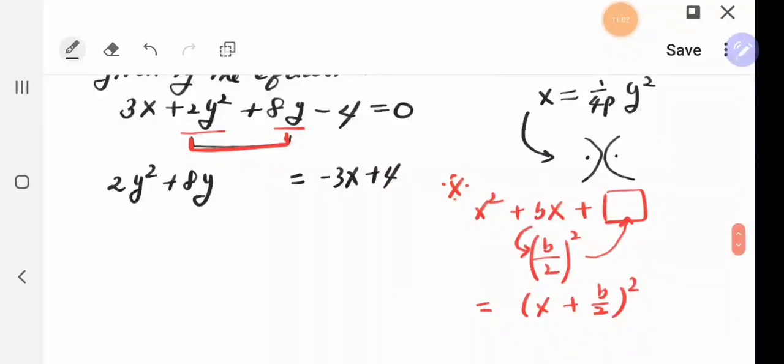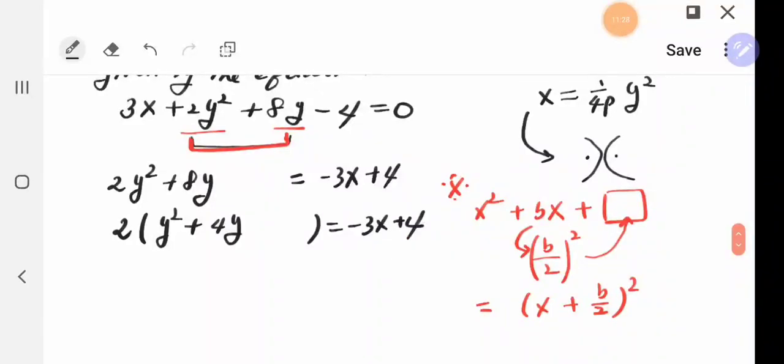What we need is the square of a binomial for the variable y. From this, you can factor out 2, then y squared plus 4y inside the parentheses. That is equal to negative 3x plus 4.